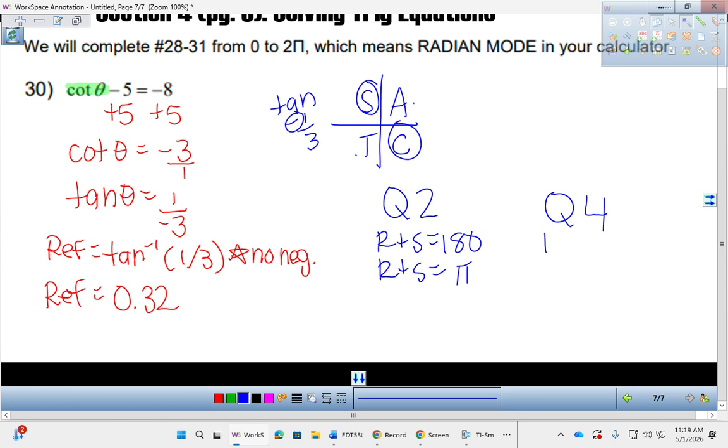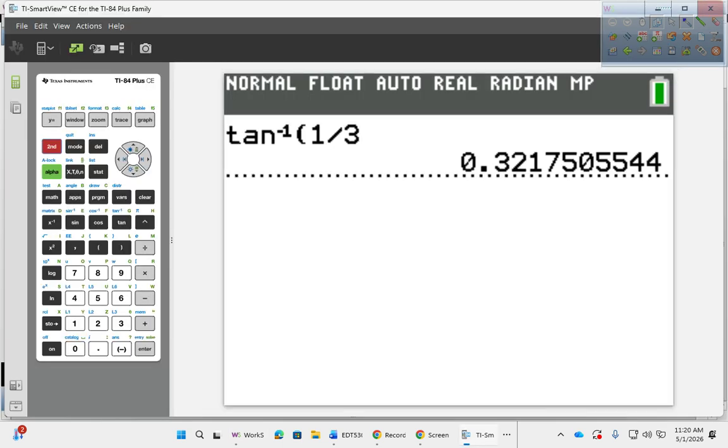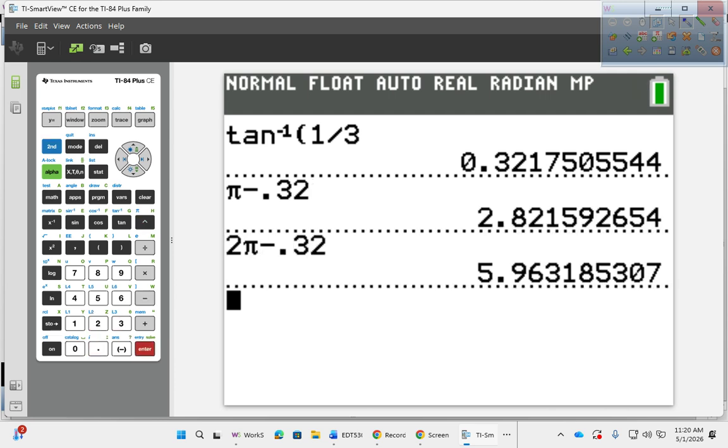And in quadrant 4, the two angles together equal 360, but in radian mode, 360 is 2 pi. So I'm not going to be subtracting from 180, I'm going to be subtracting from pi. The reference angle itself is the 0.32, so I'm just solving that equation. I would do pi minus 0.32 and 2 pi minus 0.32, which gives 2.82 and 5.96.